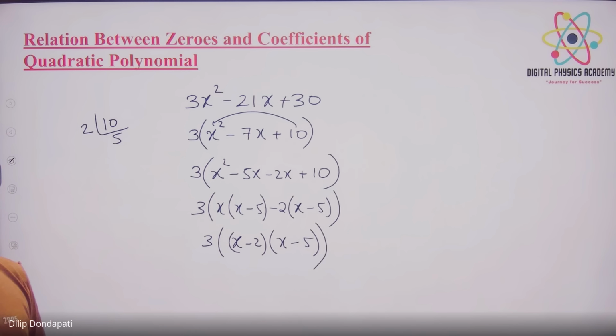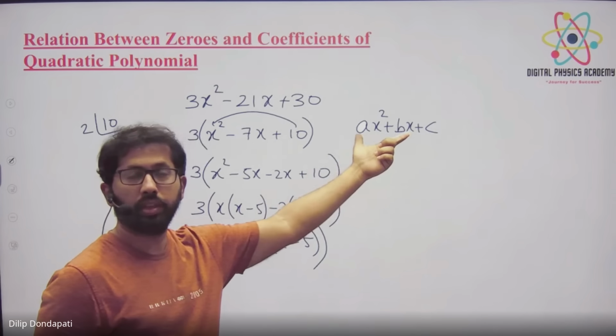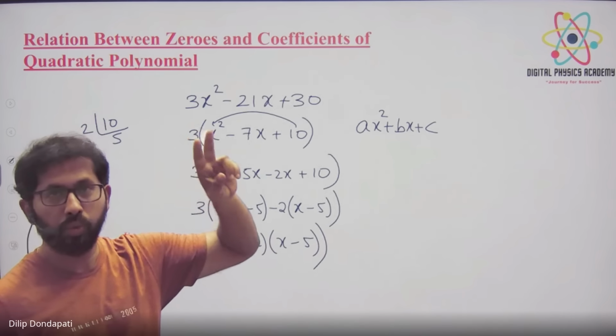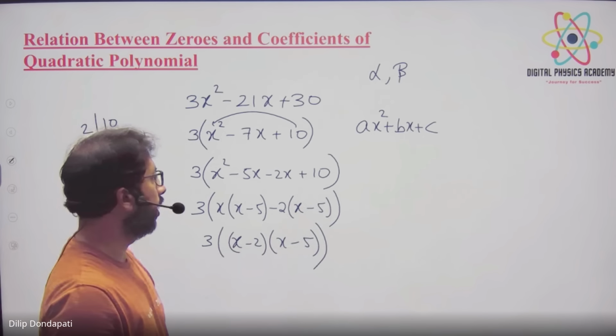Okay, now the general equation is what? ax square plus bx plus c. Because it is a quadratic polynomial, how many maximum number of zeros are there in a quadratic polynomial? Maximum number of zeros are 2, right? I call one zero alpha, the other zero beta.